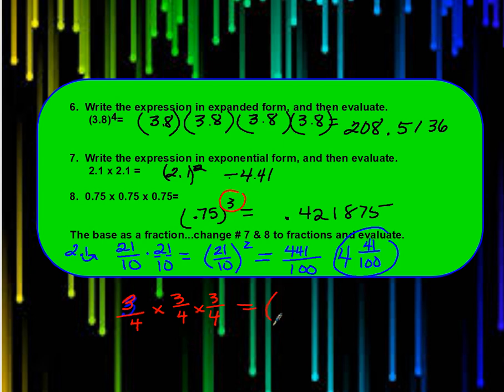As we write that in exponential form, we would have 3/4 cubed. 3 times 3 is 9, 9 times 3 is 27 in our numerator. In our denominator, 4 times 4 is 16, times 4 is 64.